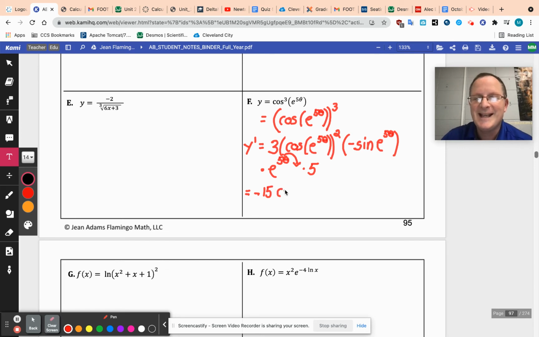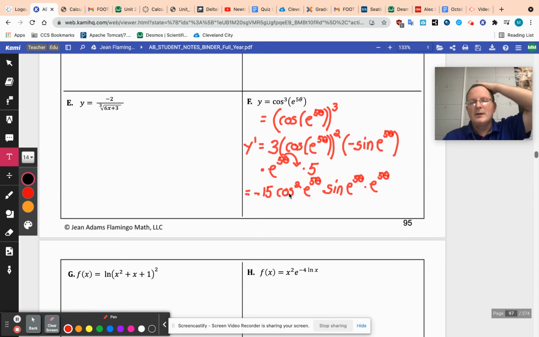So this cosine squared, just to make it look a little neater, e to the 5 theta, times sine e to the 5 theta, and then times e to the 5 theta. Whoa. Some people may put that e to the 5 theta up front, so it'd be a negative 15 e to the 5 theta, cosine squared e to the 5 theta, sine e to the 5 theta. That one is wild.